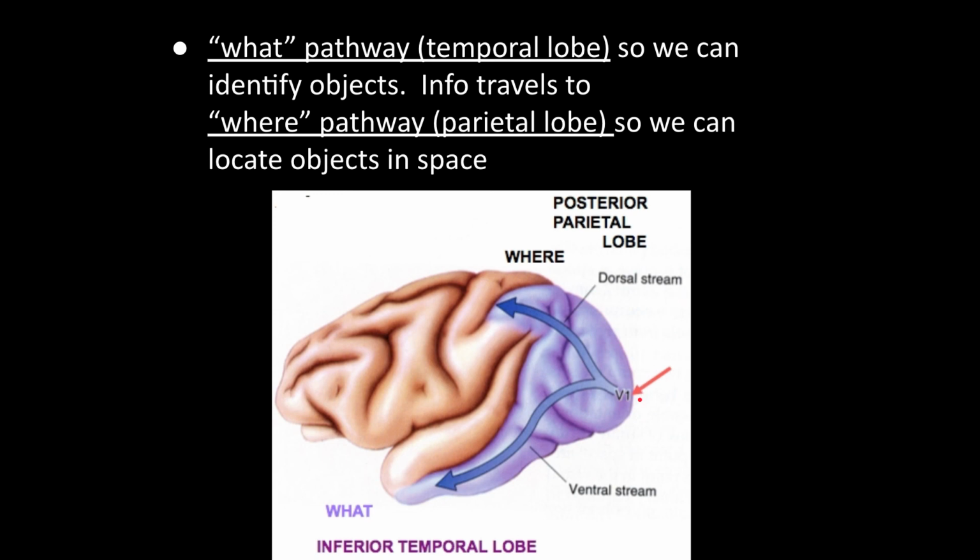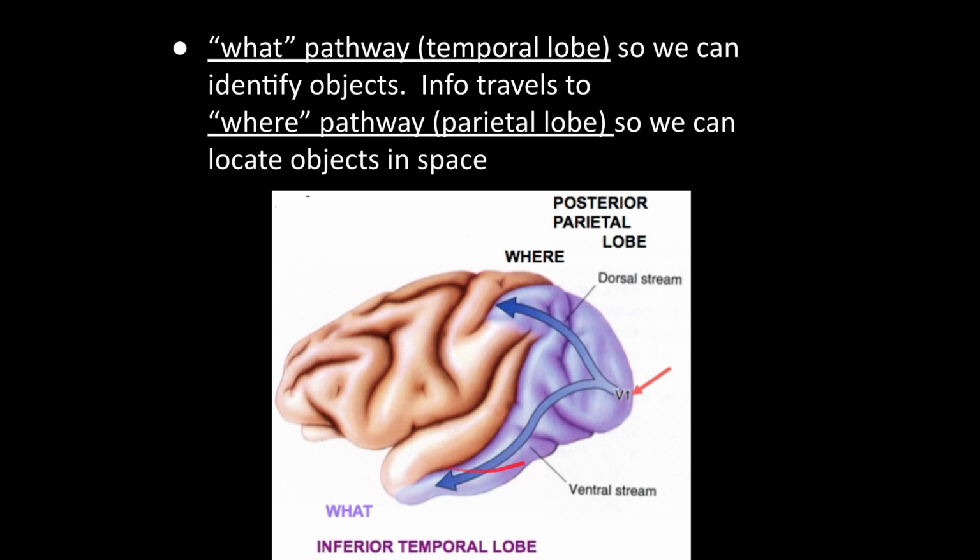There are two different pathways where visual information is sent. If you think back to blindsight and the little video that we talked about when we discussed consciousness, this is reflective of that phenomenon of blindsight. Visual information doesn't get sent only to the visual cortex. It's also sent to what are called the what and the where pathways in the brain.